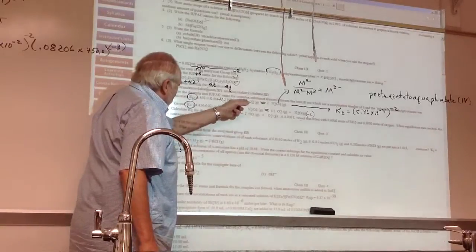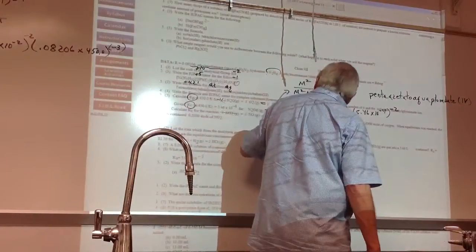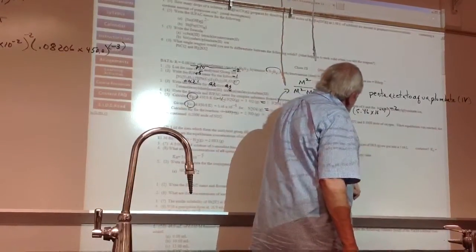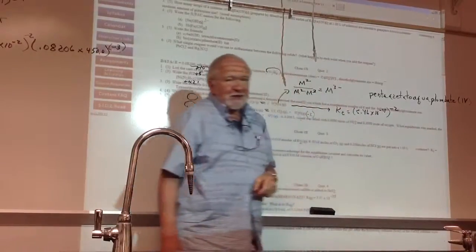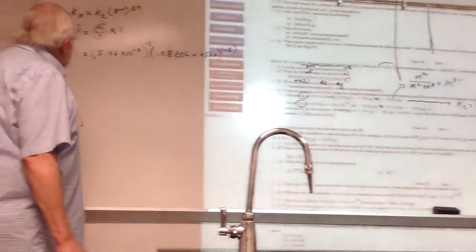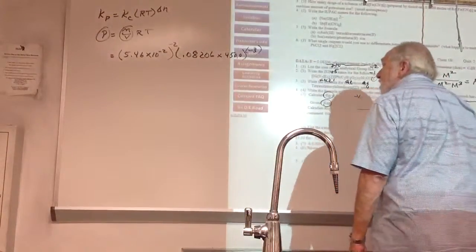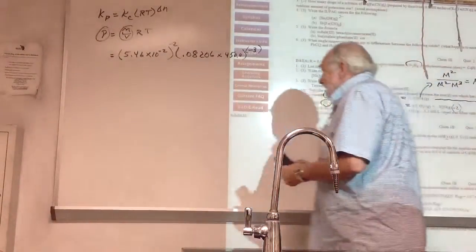So I went from here to here by multiplying this equation by minus 2. So the K sub C for this top equation, the one we're going to solve for, is 5.46 times 10 to the minus 4, to the negative 2 power. Yes? How do you get 5.46 times 10 to the negative 2? Isn't it negative 4? Oh, you're right, I didn't copy right.